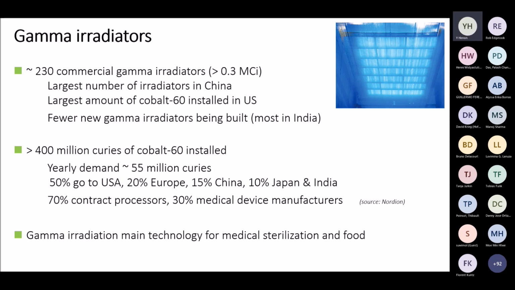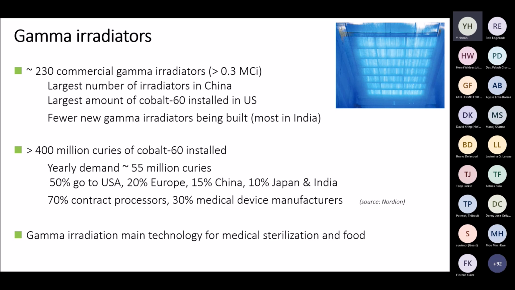How many gamma irradiators around the world? Probably somewhere around 230, most in China, though the largest quantity of cobalt-60 is in the US. Recently, fewer gamma irradiators are being built. It's more difficult to get a license. But among those that are, India is probably the country where there are the most new gamma irradiators.